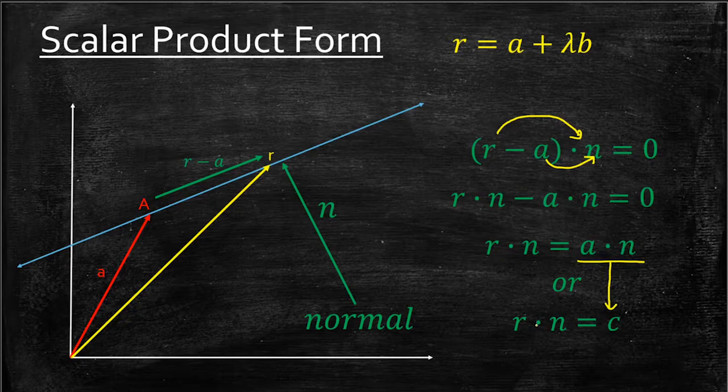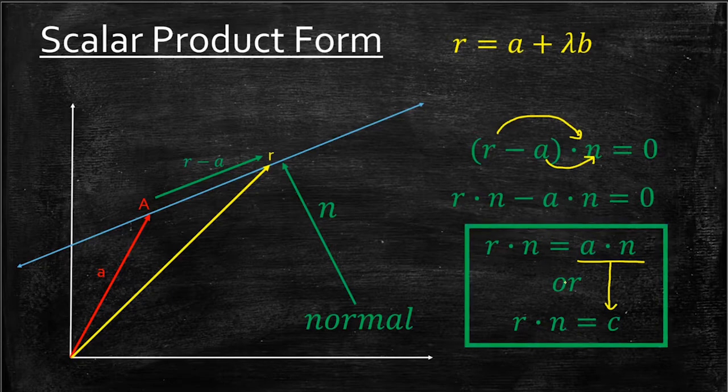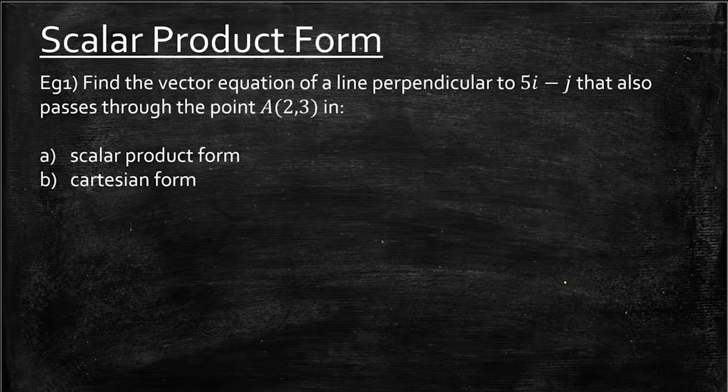So you can represent that either way. This is a really important point here because we're going to use the same ideas when it comes to planes in 3 dimensions. But for now, we'll just look at lines. And that's a really important point there, so I'd make sure that I had that written down somewhere as the scalar product form of a line, but it's also the scalar product form of a plane as well, just in 3 dimensions. So let's look at some examples now.